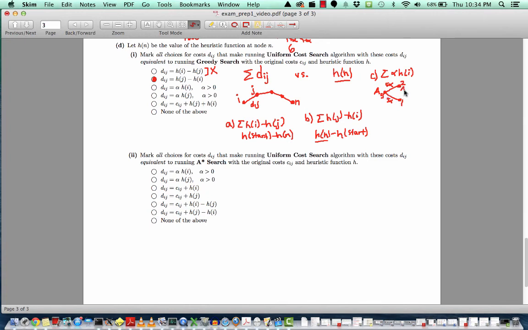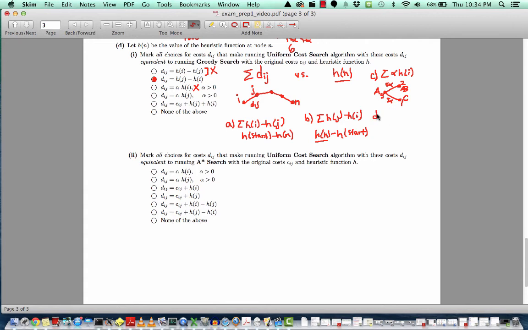So if we say that this is B, because A is right here, then uniform cost search will choose B over C, because B comes first in the alphabet. Whereas greedy search will choose whichever has the lower heuristic value, which in this case is C, because 1 is less than 2. So we've just shown that when dij is equal to alpha times h of i, it is not equivalent to uniform cost search.